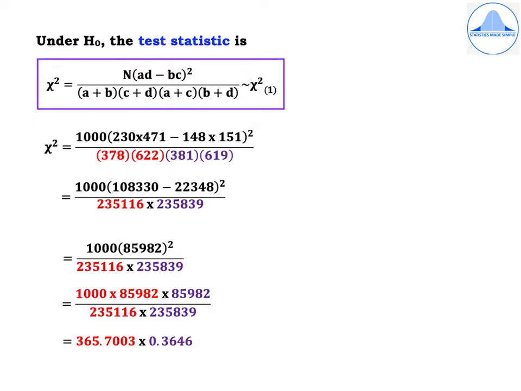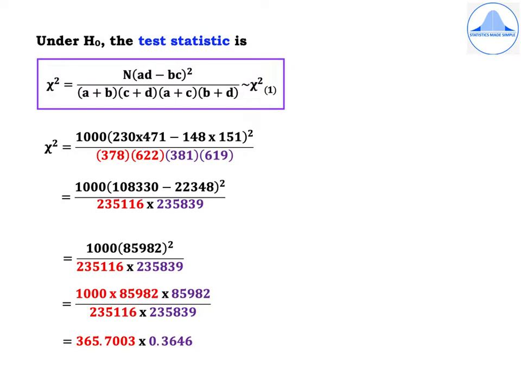Next, write the formula. Under H0, the test statistic is chi-square equal to capital N into AD minus BC the whole square, divided by the product of all the totals, which is A plus B into C plus D into A plus C into B plus D, and this follows chi-squared with 1 degree of freedom.